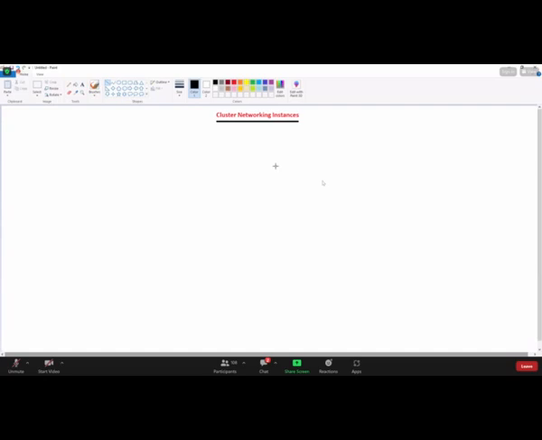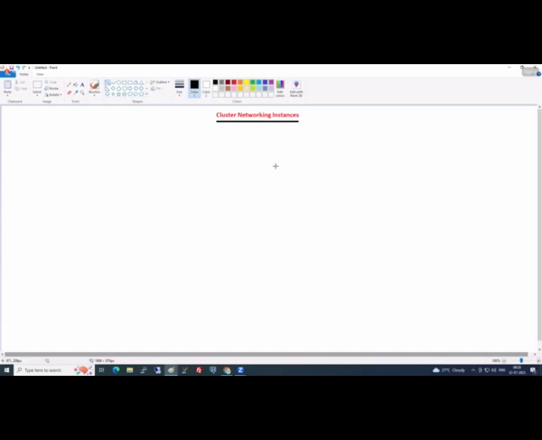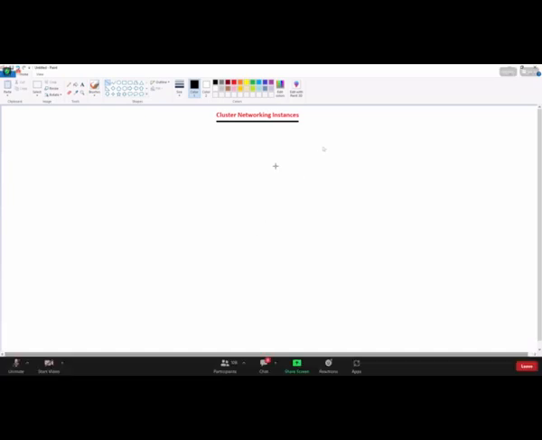Generally, what is a cluster? A group of servers, generally we call it a cluster, right? But here, the group that we are talking about is called a placement group. Here I'll write that.